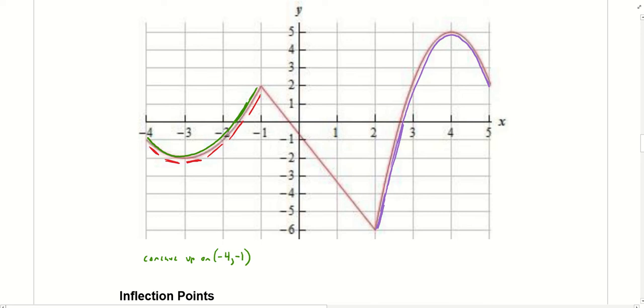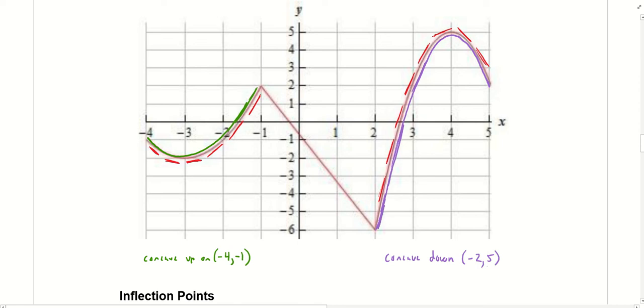It's acting like a little frown, a little umbrella, and if I were to draw some tangent lines in here, the tangent lines would be sitting on top of, or above, the function. So it looks like I have concave down from 2 to 5, it looks like.